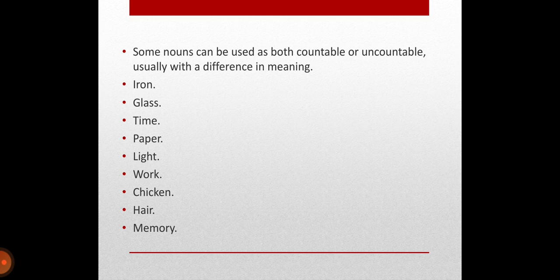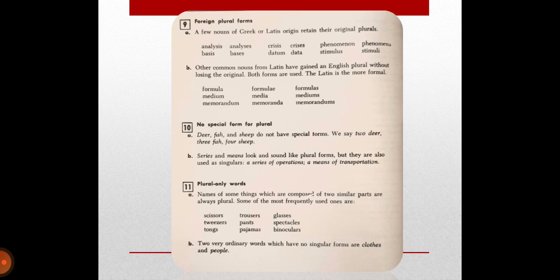The following nouns are the same: glass, time, paper, according to the meaning. All these words and their meanings are mentioned in your book. You can check them and see the difference between them while they are countable or uncountable.